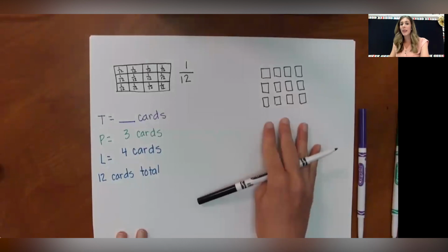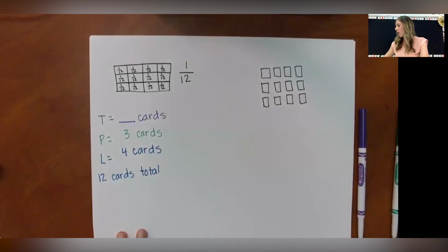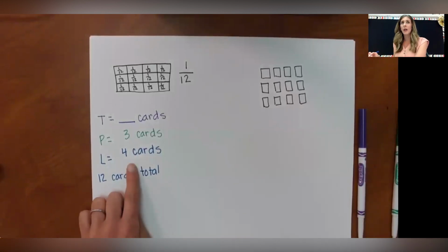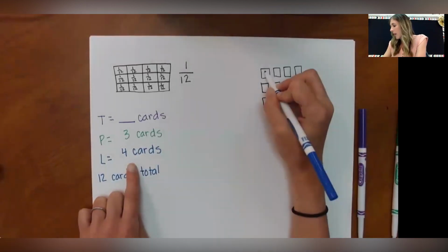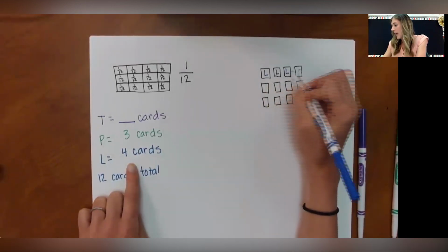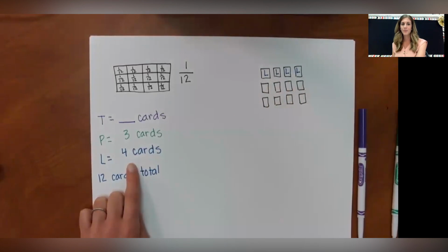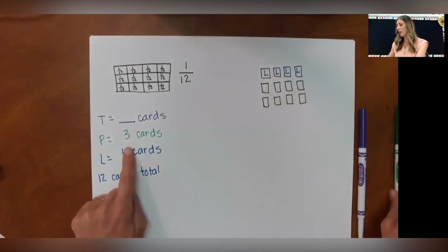And I can go through and label these cards as to who got what. We know that Lynn got 4 cards. So I'm going to label 4 of them with an L for Lynn. We know that Paco got 3 of them.